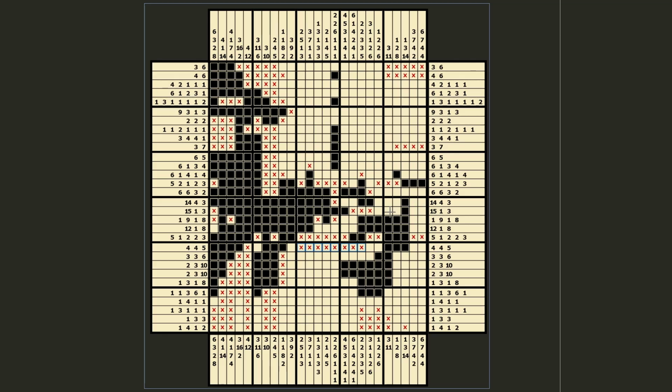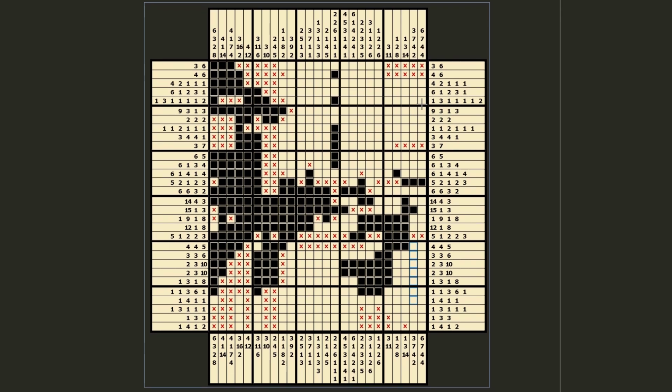3, 3, 1, minus 1. So 3, 7. Oops, undo. No space for the 7 here. So 7 has to be over here. Minus 2, 3, and then 4, and then 2. Minus 3. That's a 10. That's a 4.